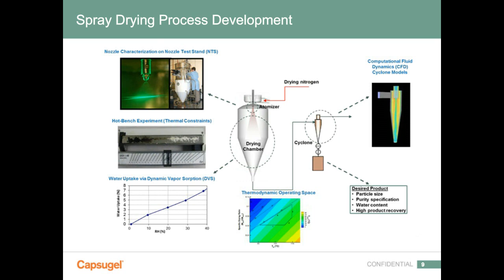hot bench experiment. This is simply adding powder to a thermal gradient. Look and see how the powder itself will either discolor or we can track impurities. Again, it gives us a real good idea of how the process itself should be tuned to give you the right particles and ultimate products for use.